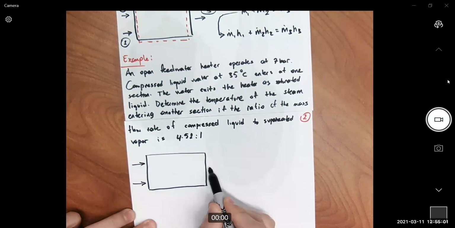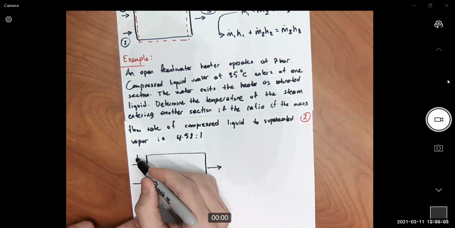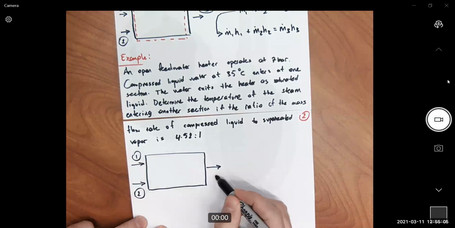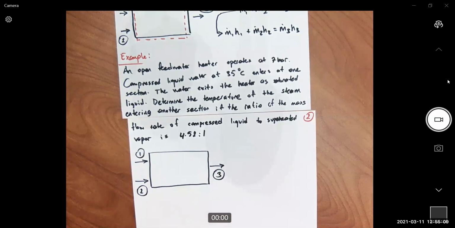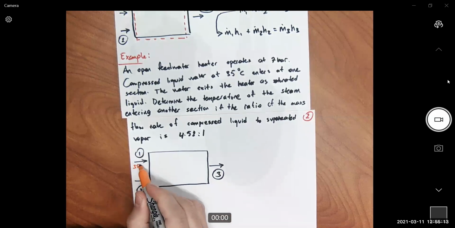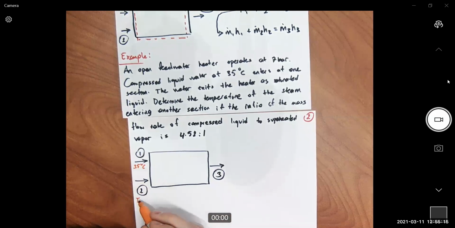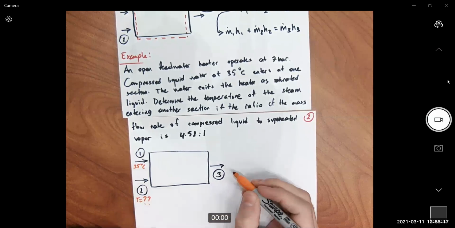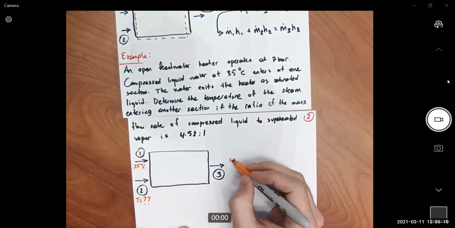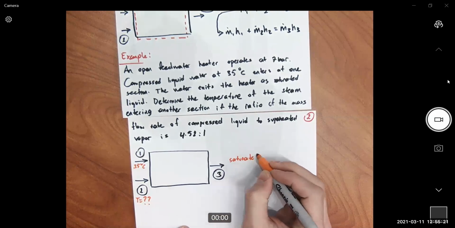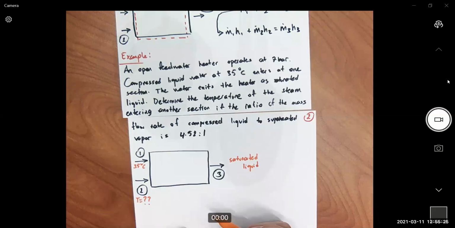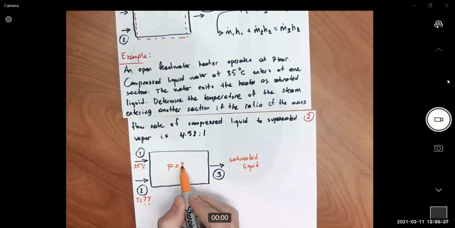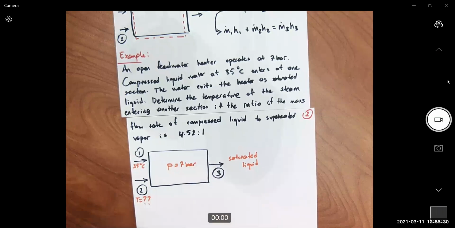Mixture, one outlet. For one of them, we know the temperature, it's 35 Celsius. I don't know the temperature here. And I also know the condition outside, that's saturated liquid, right? And pressure is 7 bar.